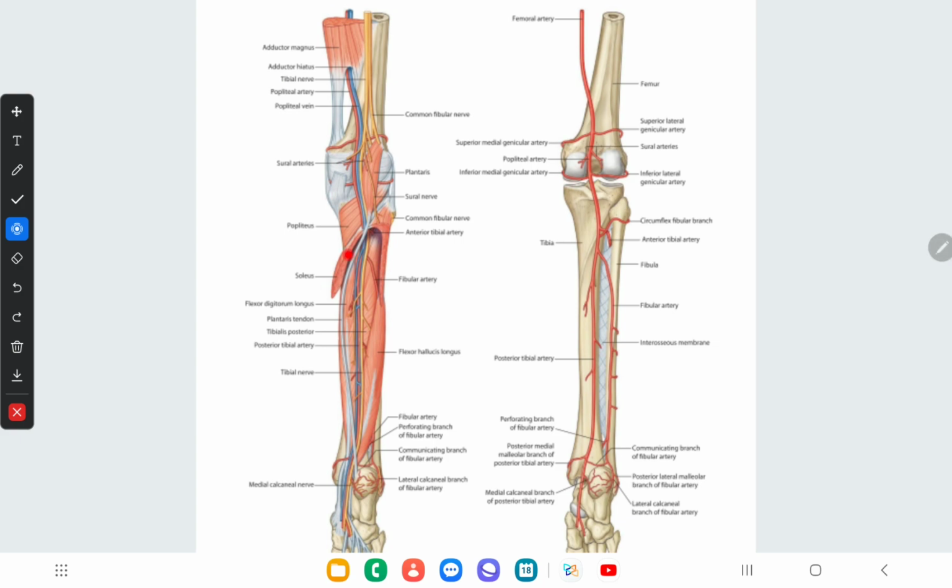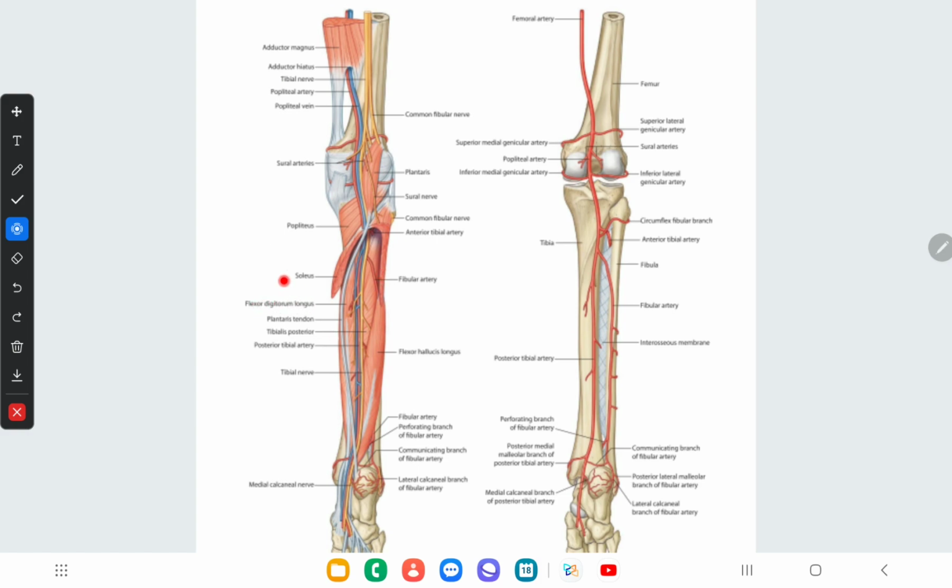Then the soleus muscle is the second muscle layer, and there is a deep muscle layer which contains flexor digitorum longus muscle, tibialis posterior muscle and flexor hallucis longus muscle. So this tibial nerve lies in between the soleus muscle and this deep muscle layer.